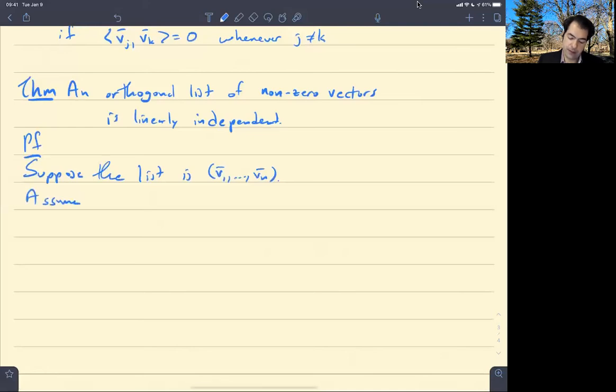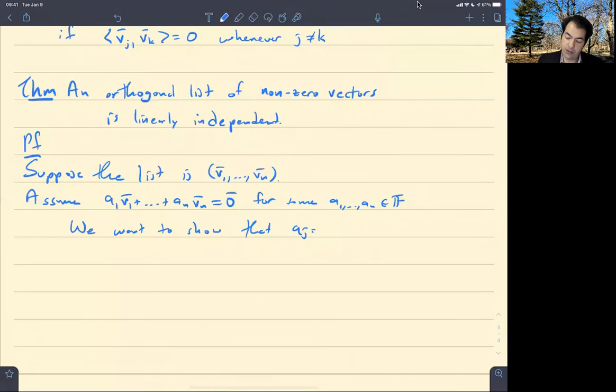Assume that a1 v1 plus dot dot dot an vn is equal to 0 for some a1 through an in the field. We want to show that aj is equal to 0 for every j.